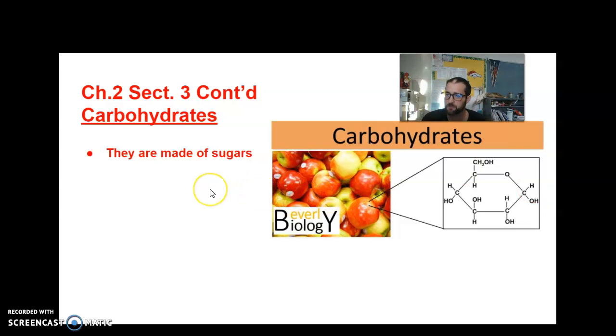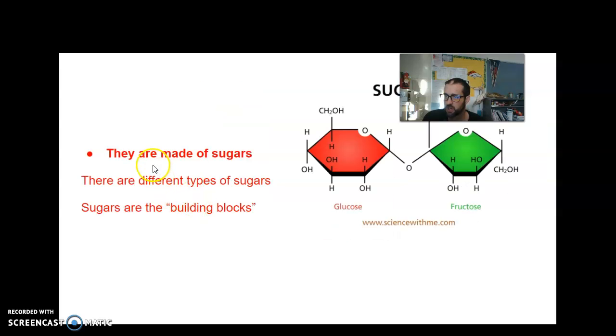Don't worry about the angles of that stuff. Just know our big 6 are in there, and this is a representation of a sugar molecule. Okay, so we know they are made of sugars. There are different types of sugars, and these sugars are the building blocks for carbohydrates.